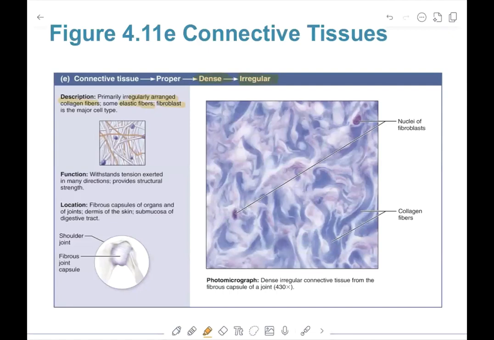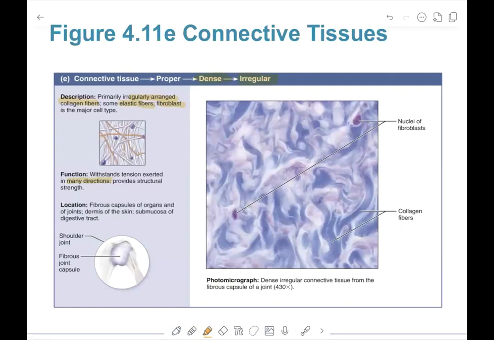The function is that it withstands tension exerted in many directions. So that's the advantage of having irregular connective tissue fibers to provide that additional stretch so that it can withstand pulling in different directions. So it makes it perfect for a joint capsule.